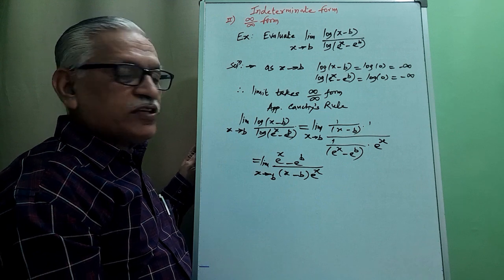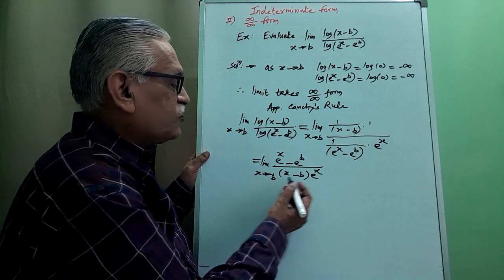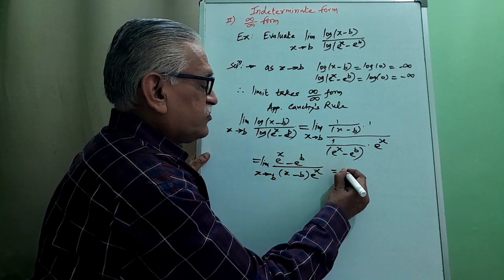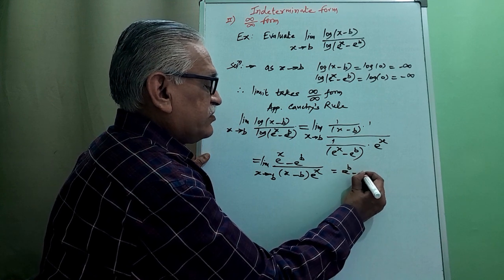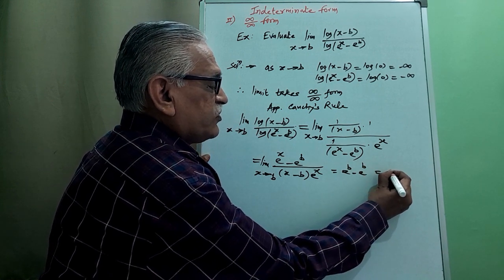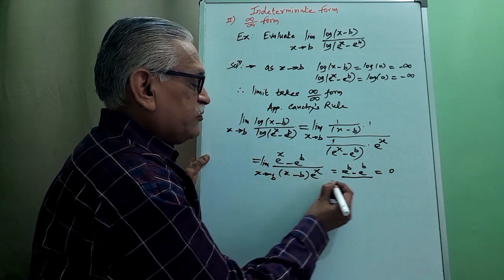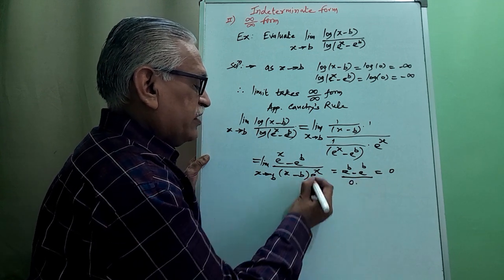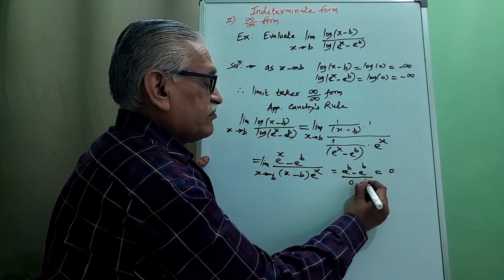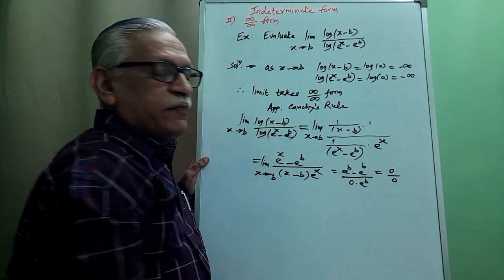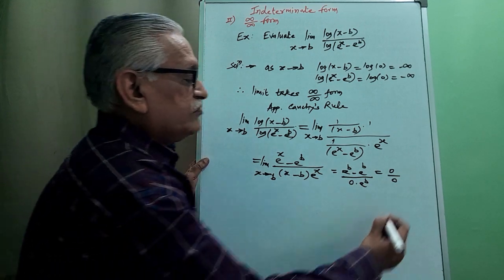If we substitute the limit as x tends to b, in the numerator we get e raised to b minus e raised to b, which is 0. In the denominator we have b minus b, which is 0, into e raised to b, and therefore it becomes 0 by 0 form.